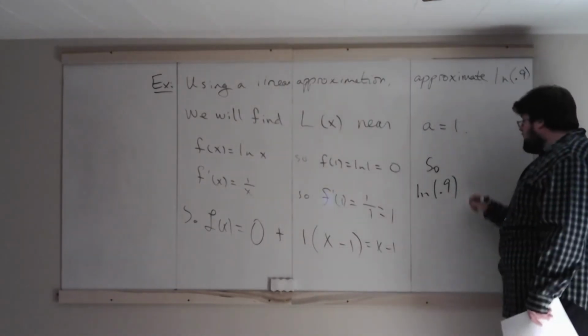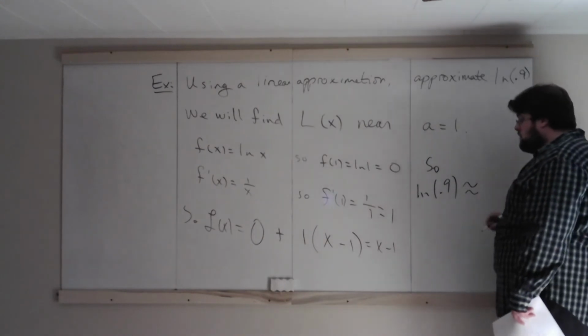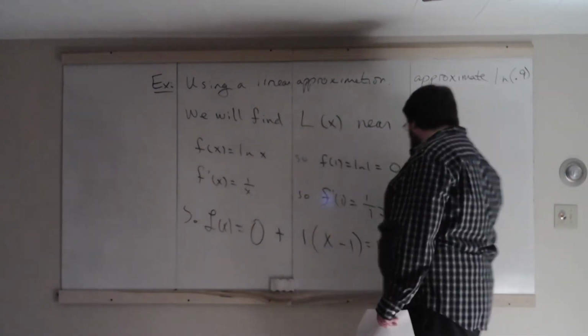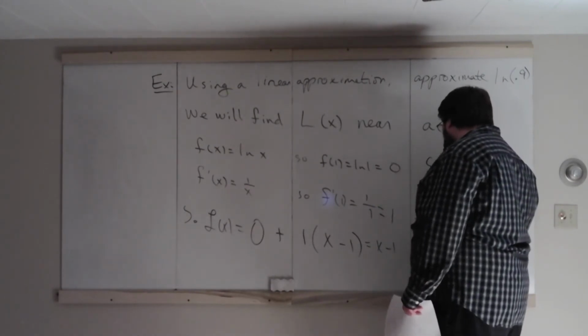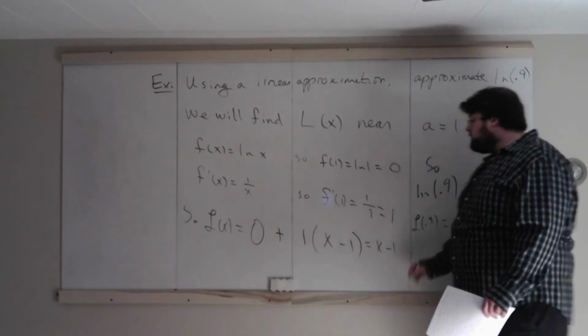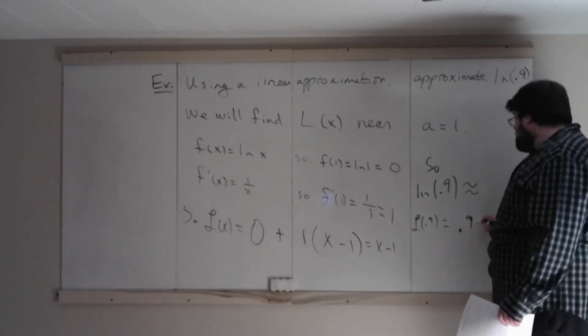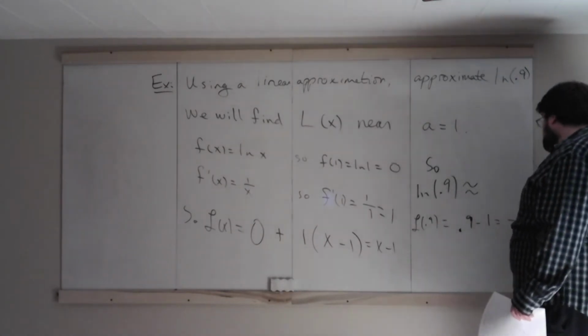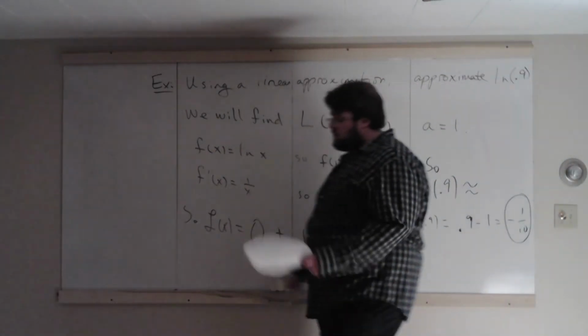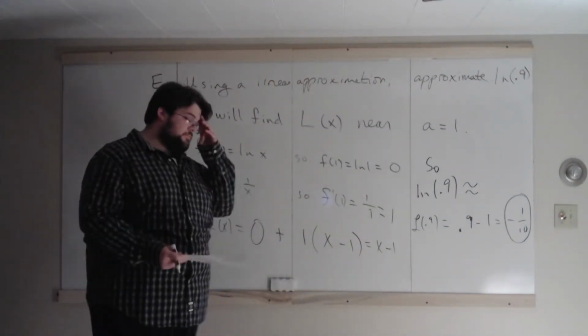So log of 0.9 is approximately equal to L at 0.9, and L at 0.9 is L with 0.9 substituted, so that's 0.9 minus 1, which is negative 1/10. You could say negative 0.1 if you want, but I won't.